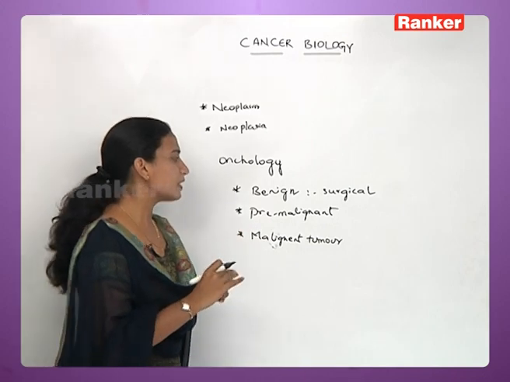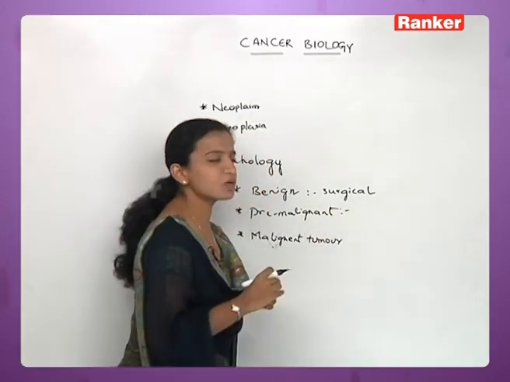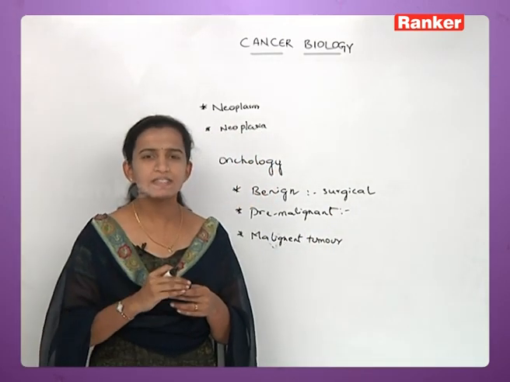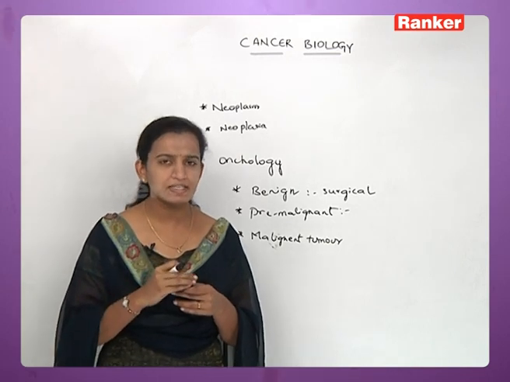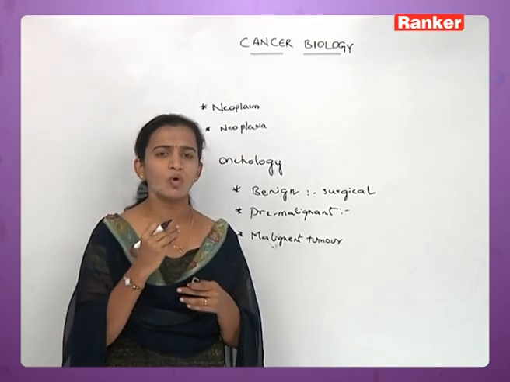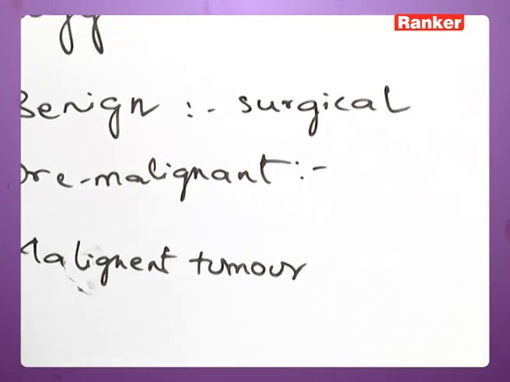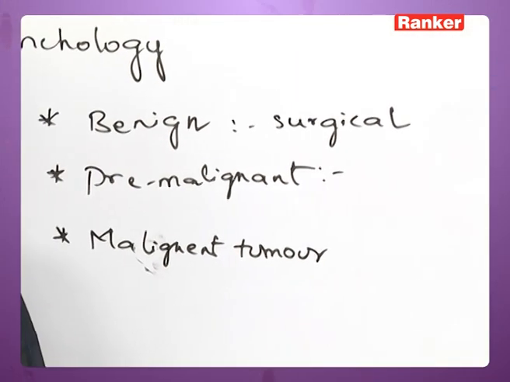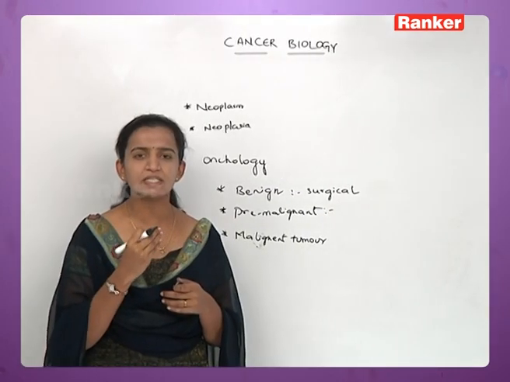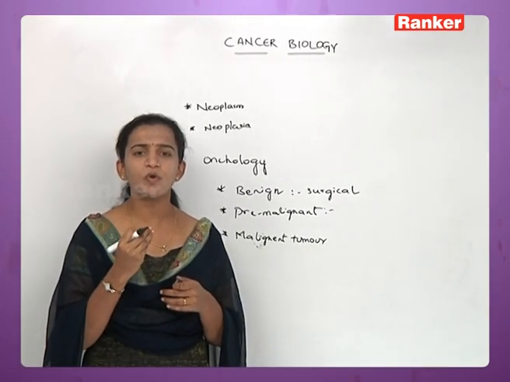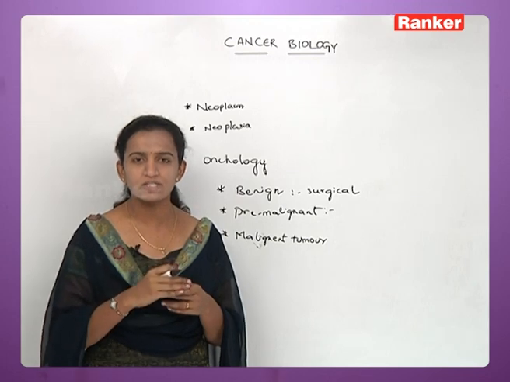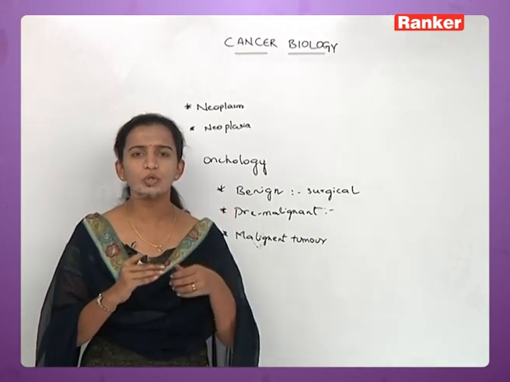Now the pre-malignant tumor has a tendency that it is actually a cancer cell, but it doesn't progress until some age. That means there is a cancer cell present in your body, but it doesn't express itself until it enters a certain stage, and then it shows you the characters.